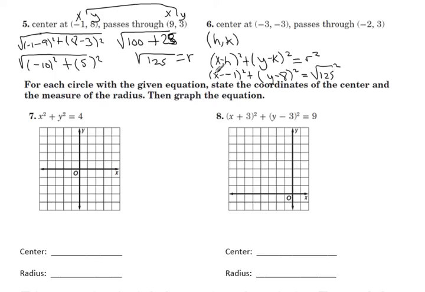Alright, to clean this up, x minus a -1 is x plus 1, and we're going to square it. Y minus 8, we can leave like that, and that equals 125.